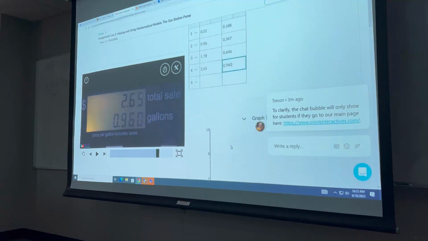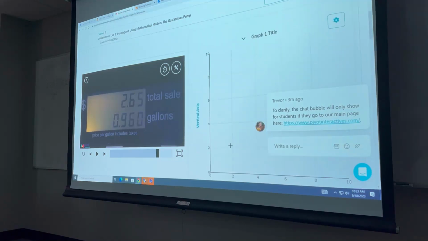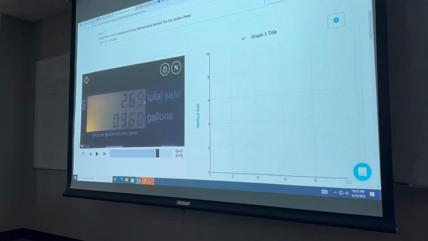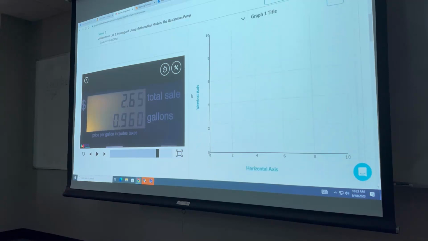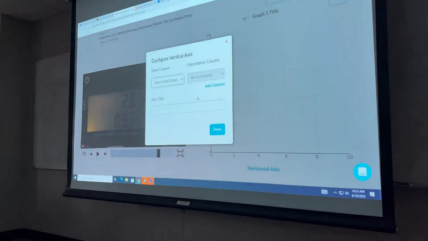Okay, well, let's take a look at the graph. Now the graph doesn't show anything because we haven't told it what to show, right? So we need to click here and say, okay, I want to put sale there. I want to see what happens.